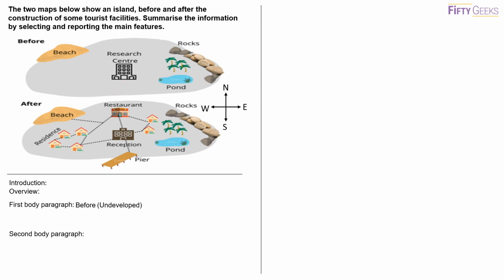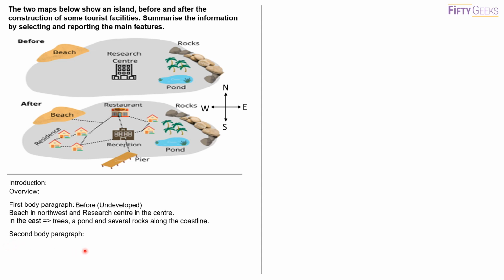So I will write, there is a beach in the northwest and a research center in the center of the island. Then I can see that on the eastern side there are some trees, a pond, and several rocks along the coastline. I will write, in the east there are some trees, a pond, and several rocks along the coastline.